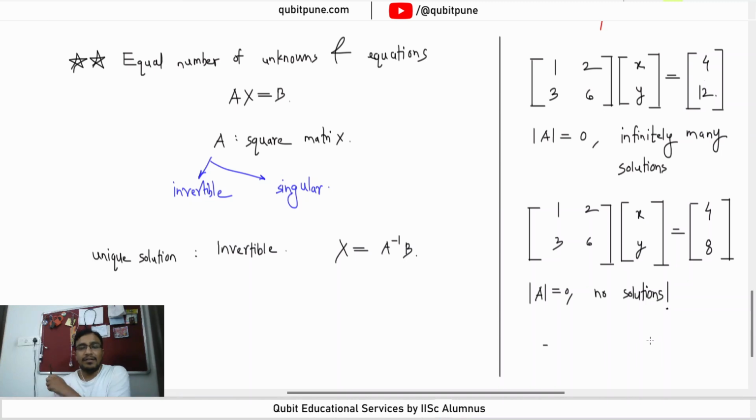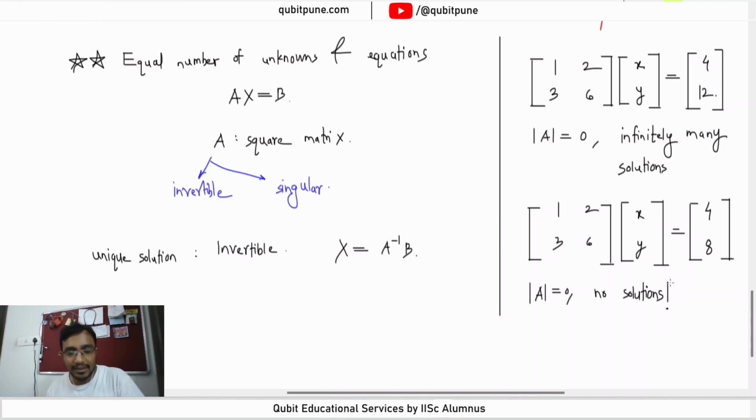If our system contains an equal number of unknowns and equations, matrix A becomes a square matrix, and if it is invertible, then the system's solution is going to be unique. But if the determinant is equal to 0, if the matrix is singular, then the system may have infinitely many solutions, or it may not have any solution at all. That requires further investigation. Okay, one last point before we go to numericals.